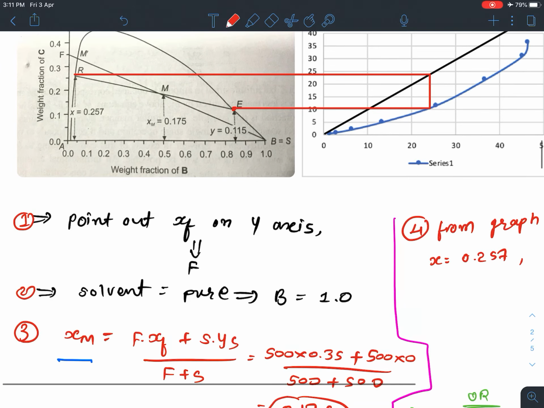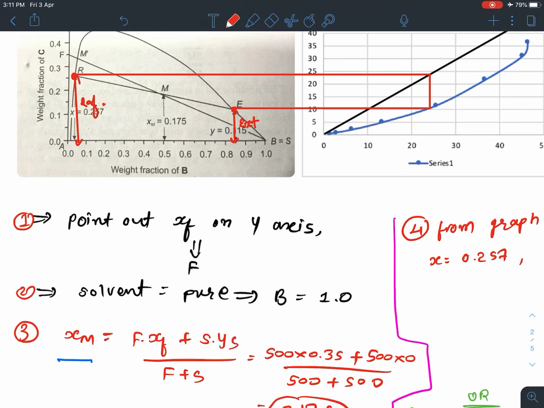From this point, this is the amount in the raffinate, and this is the amount in the extract. This is raffinate.